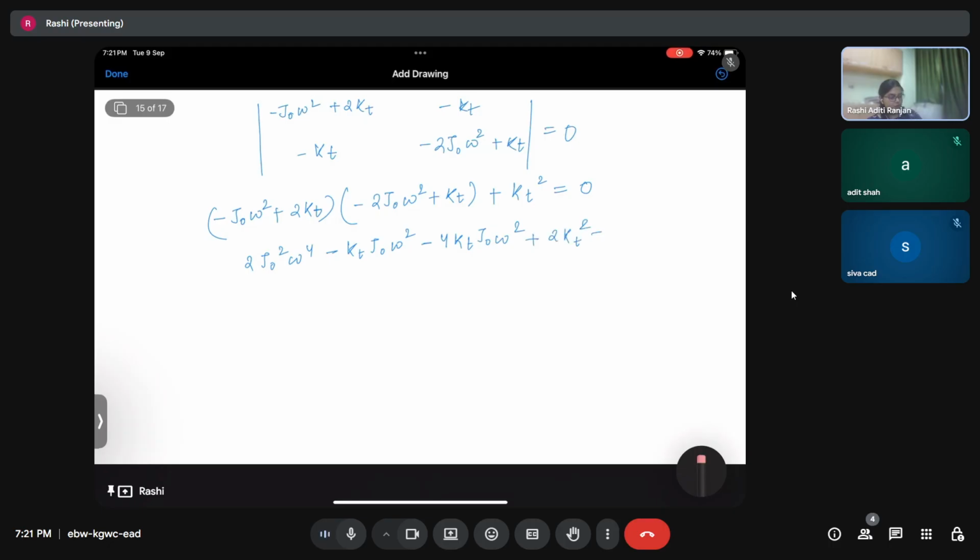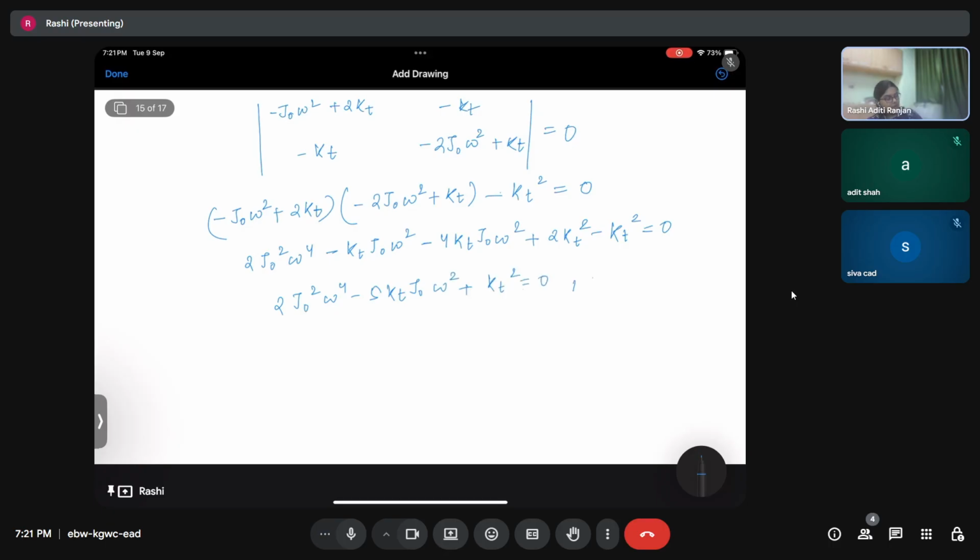Okay, here it should not be plus but rather a minus kt square equals 0. This can be further written as 2 J naught square omega to the power 4 minus 5 kt J naught omega square plus kt square equals 0.